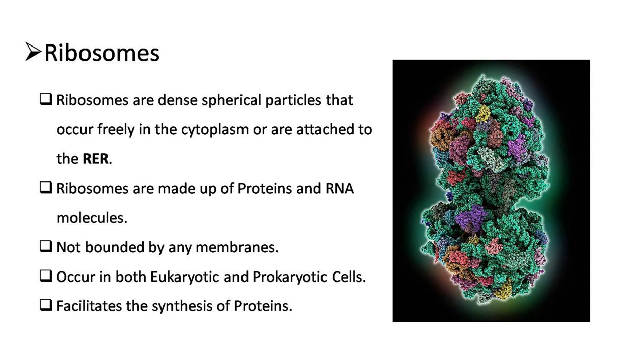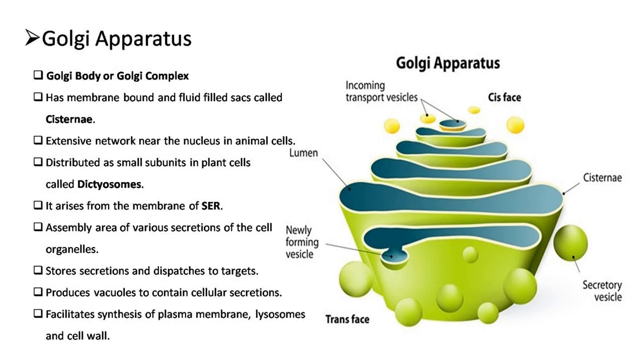Their basic function is to synthesize proteins. In this picture, you can see the RNA molecules are arranged in a globular fashion to make up the structure of a ribosome.